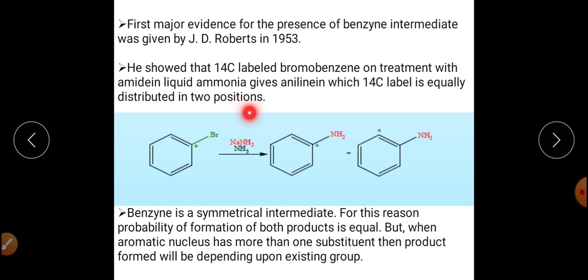The first major evidence for the presence of this benzyne intermediate was given by J.D. Roberts in 1953, with an isotopic labeling experiment in bromobenzene. So this benzyne was discovered with this particular experiment, right?